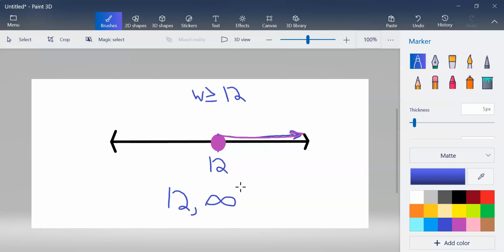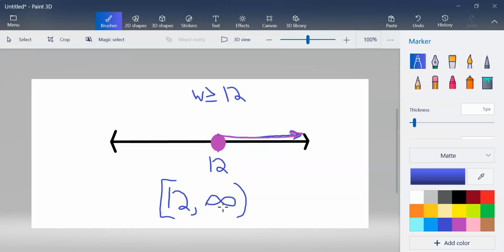this inequality true. Now, in the last example, we said infinity and negative infinity always have parentheses, so we write a parentheses where the infinity is. But because we can plug in 12, we want our readers to immediately know that plugging in 12 is okay. So the way we do that is, instead of writing a normal parentheses when I can plug in the number, I write a square bracket.